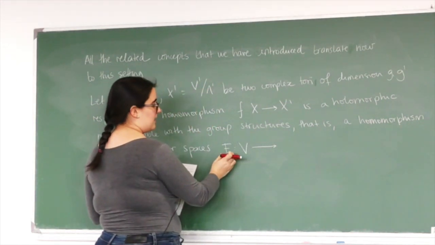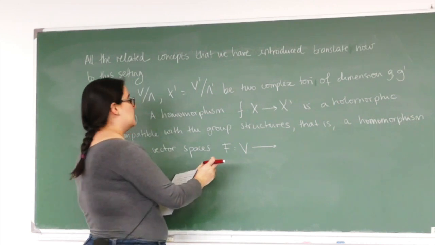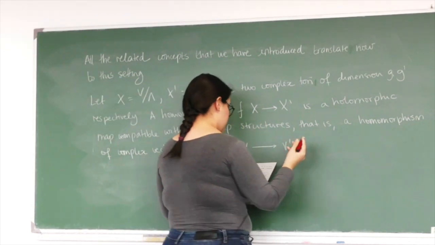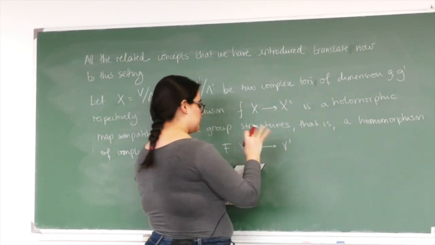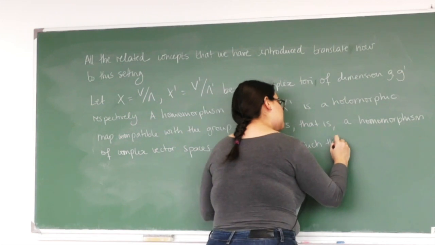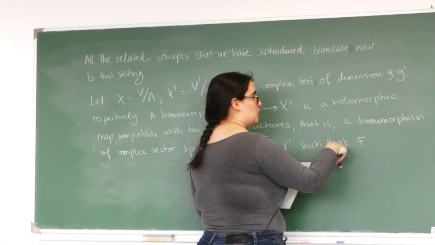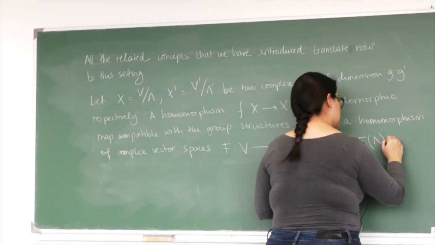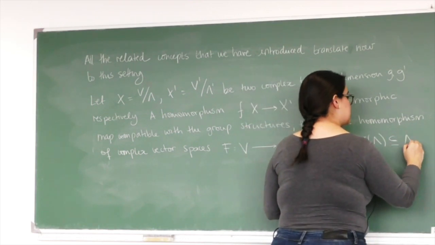So capital F will be the homomorphism between V and V prime, and that it respects the group structure translates to the condition that the image by the homomorphism of complex vector spaces of the first lattice falls inside the second lattice.